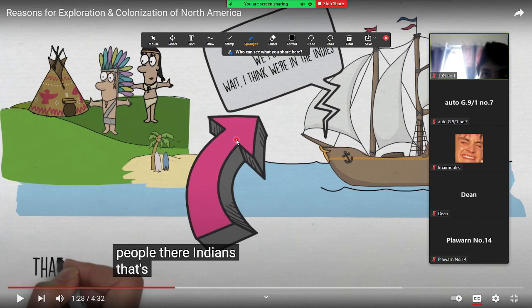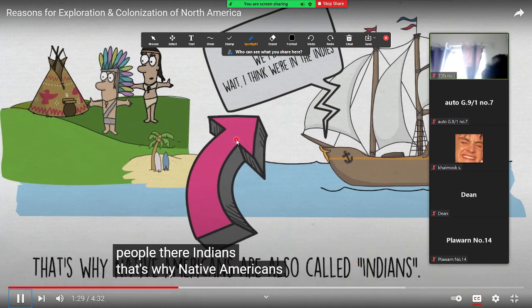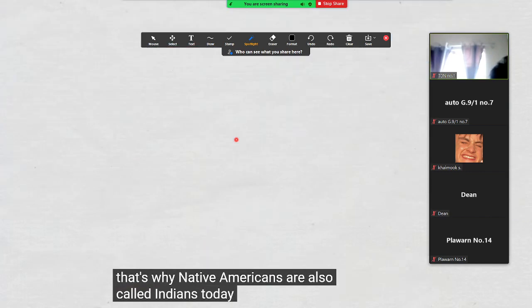By accident, Christopher Columbus, who discovered this land, came to the continent of North America and right away called these people Indians. That's why Native Americans are also called Indians today.